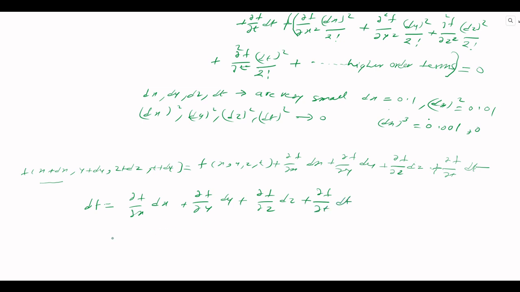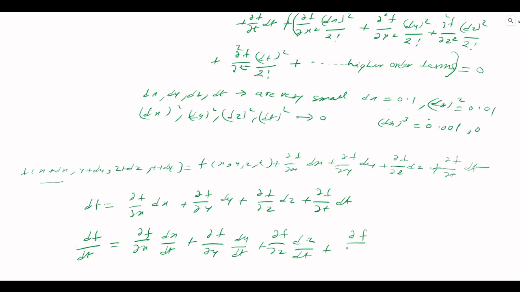The whole equation I will divide by dt. So df by dt equals the partial derivative of f with respect to x into dx upon dt, plus the partial derivative with respect to y into dy upon dt, plus the partial derivative with respect to z into dz upon dt, plus the partial derivative of f with respect to t. The dt already in this term will cancel out.